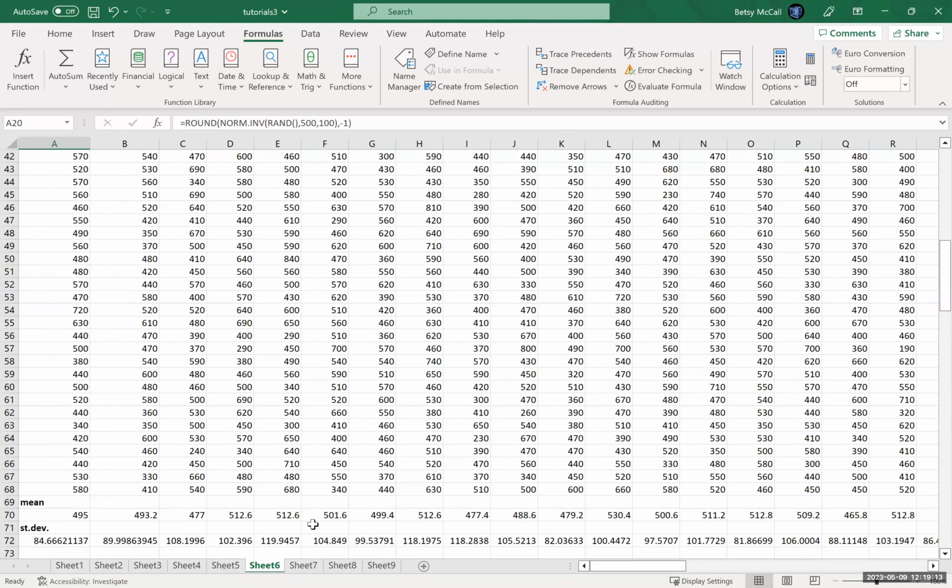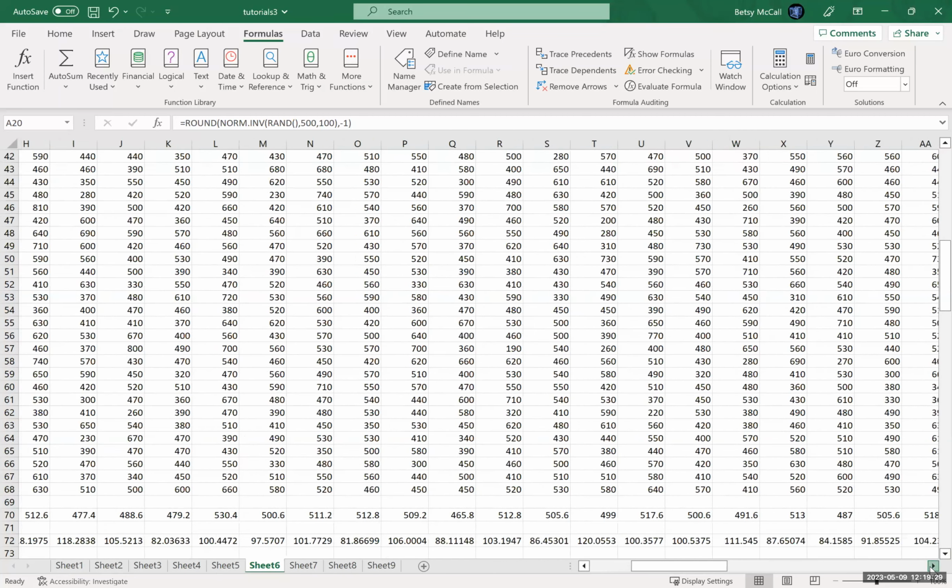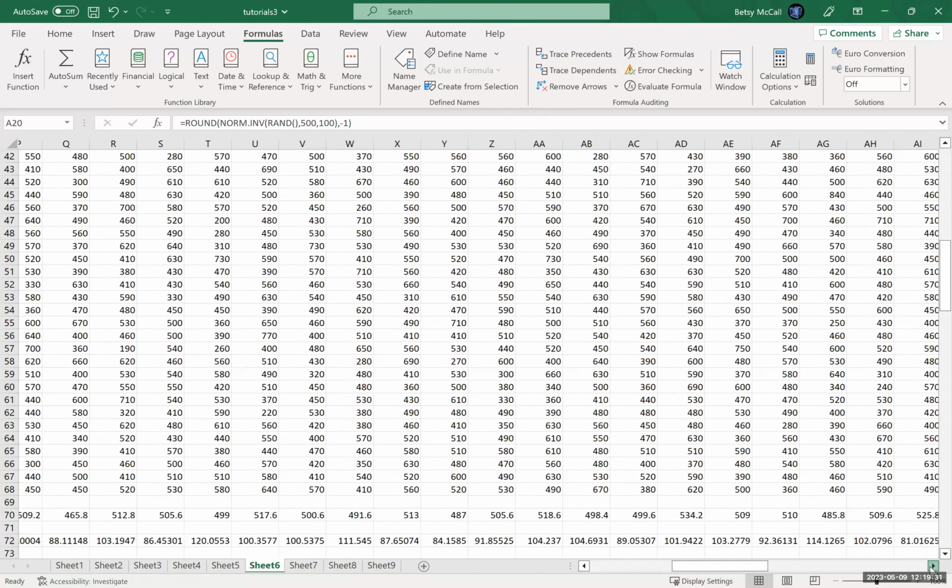And again, we can see the means are all pretty close to 500 and the standard deviations are all pretty close to 100. And they're a little closer than they were before because our sample sizes are bigger and there's less variability in the means when we have bigger sample sizes.